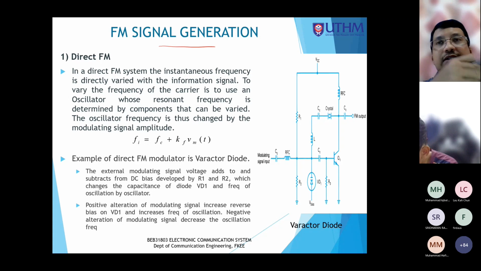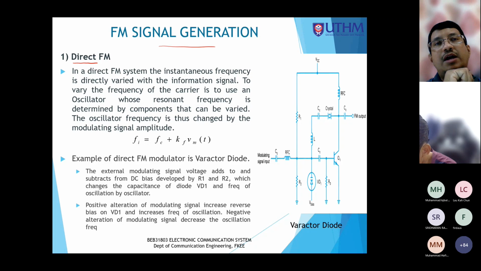Basically the modulator system in the transmitter can be divided into direct FM and also indirect FM. The word direct here means that we directly do the process of frequency modulation.